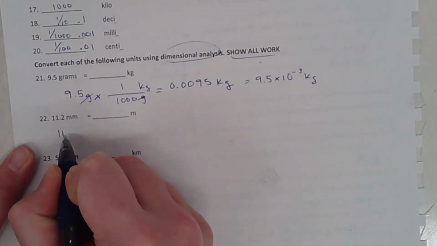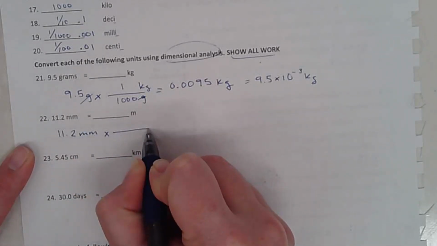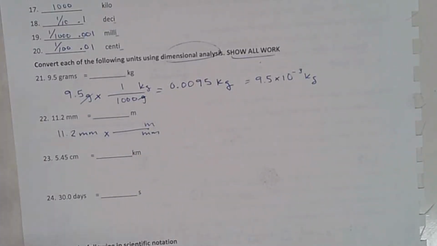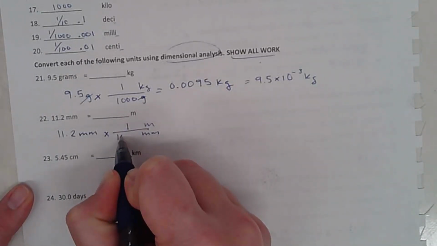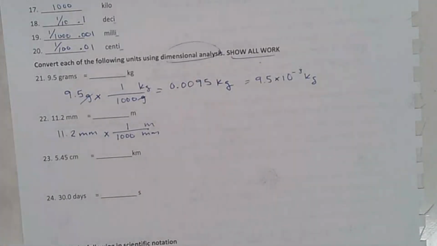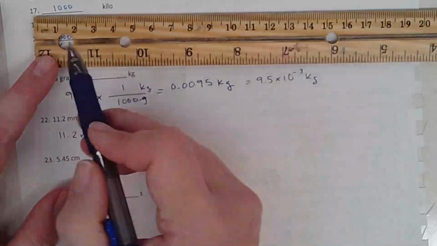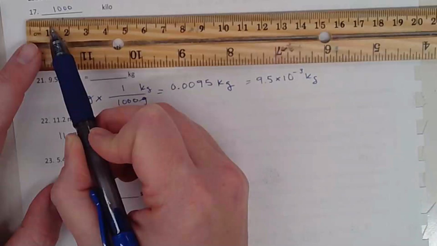Okay, next one, we're changing 11.2 millimeters into meters. So we're going millimeters to meters. Okay, remember on a meter stick, to have 1 meter stick, it's cut into 1,000 tiny pieces of millimeters. So I only have 11.2 millimeters. That's really tiny. This is 10 millimeters. 11.2 is just right there.